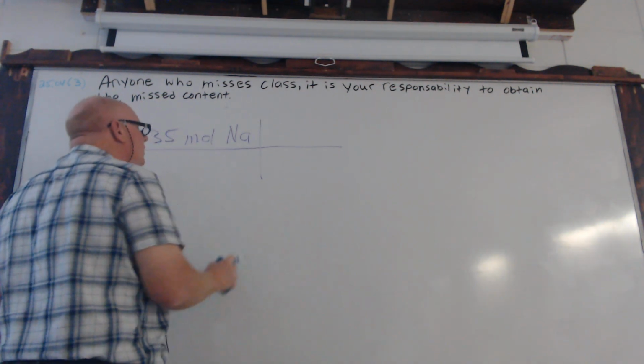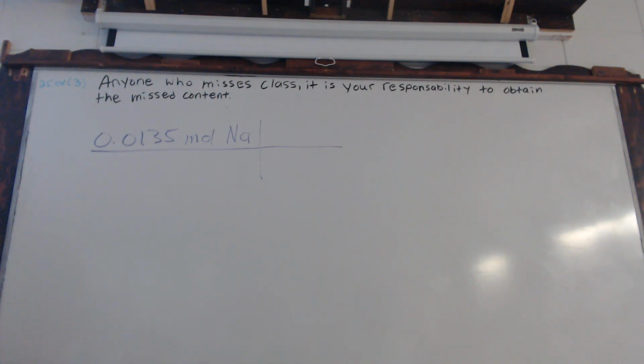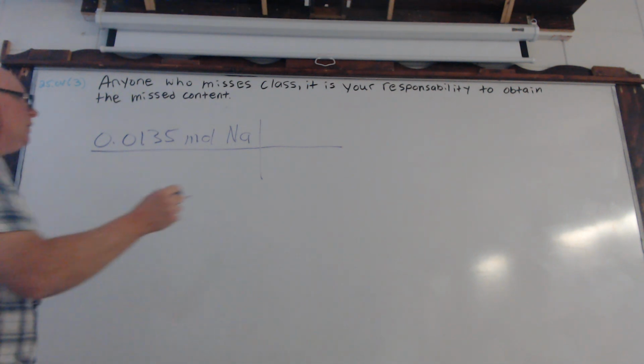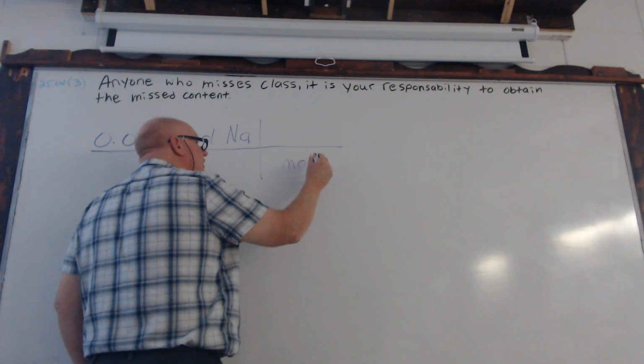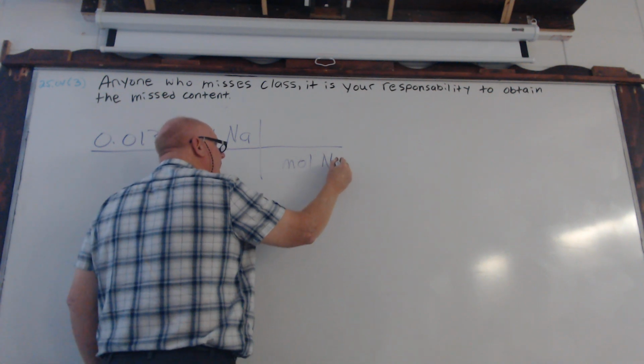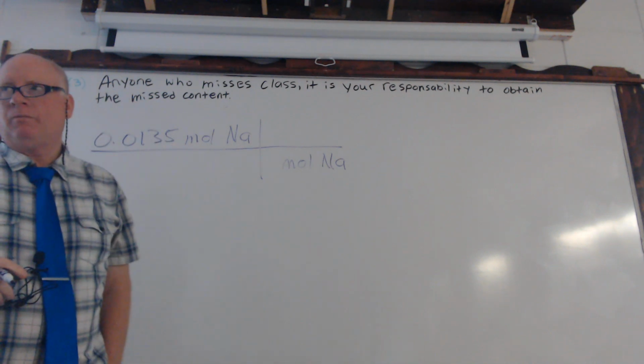Now, with our dimensional analysis that we learned with grams and kilograms, how do we cancel moles out in our second step? We put, for every mole of this pure substance, sodium, how many grams of sodium would that be?